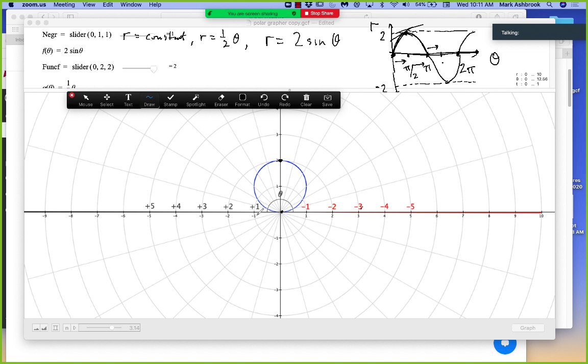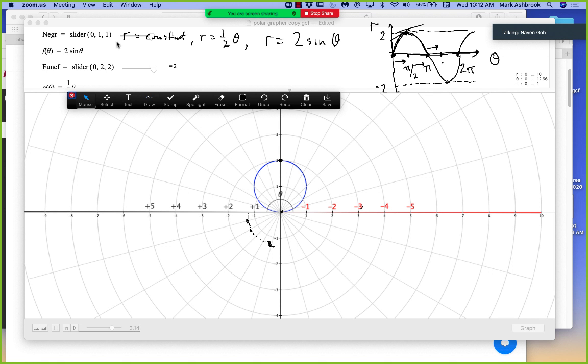What would it be for r to be negative and increasingly negative? Where would that be? It'd be back in the first quadrant. So as my theta turns through the third quadrant, my r is going to go from 0 to negative 2. So where is negative 2?